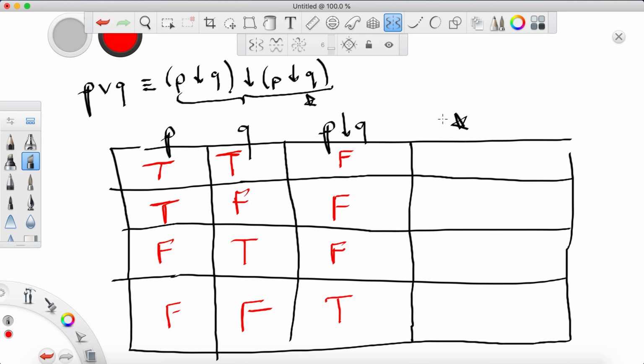Okay, what about this last part, the whole expression? Well, presumably it is only true just in case each of its parts is false. So neither P nor Q was true just in case P and Q were both false. So what we need is for this to be false both times here.